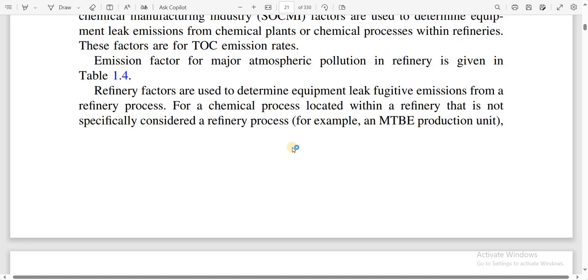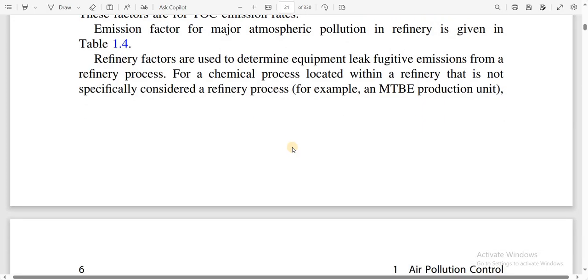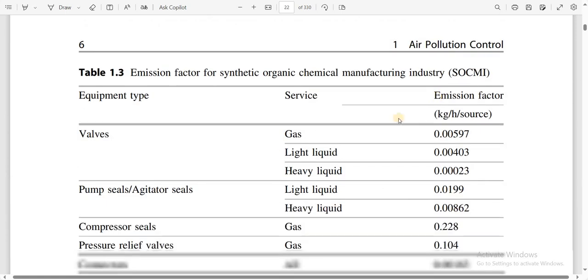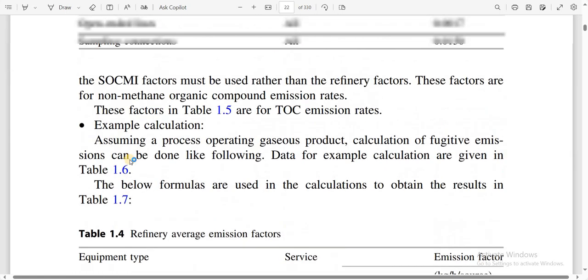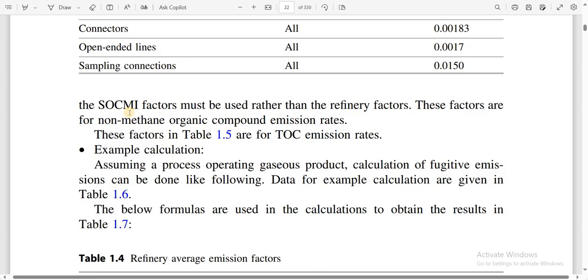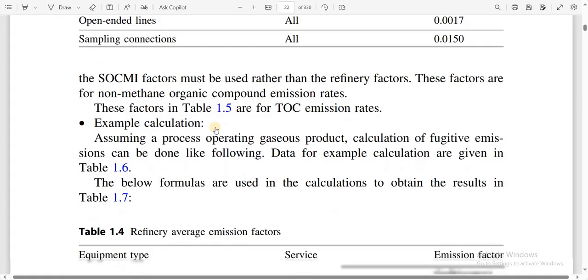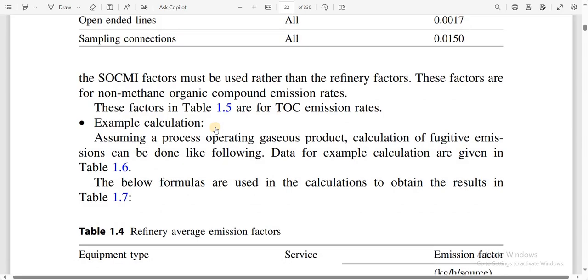For a chemical process located within a factory, within a refinery, that is not especially considered a refinery process, for example an MTBE production unit, the SOCMI factors must be used rather than refinery factors. So these factors are non-methane organic compound emission rates.